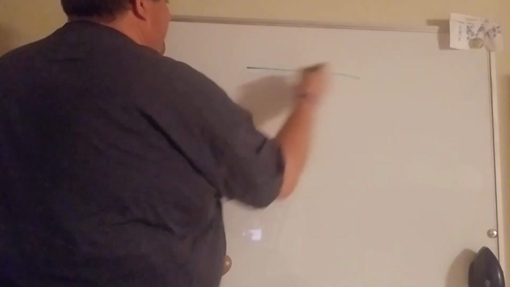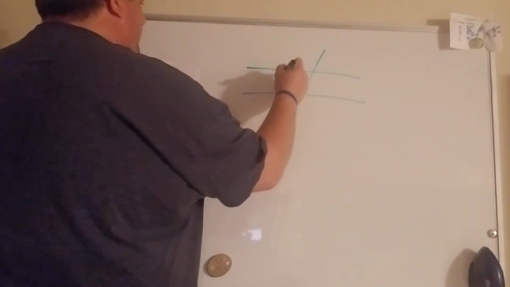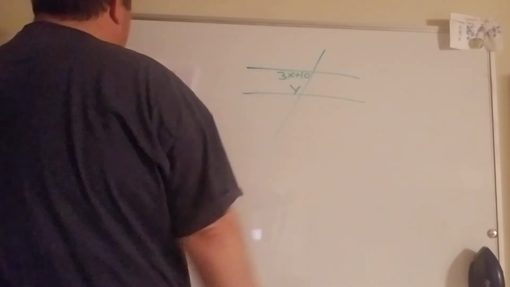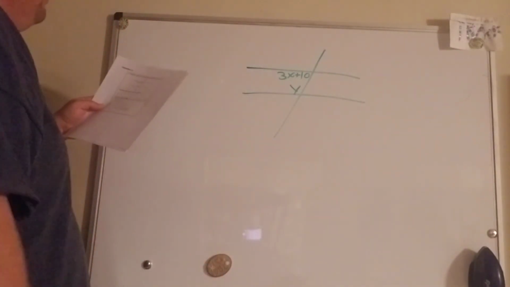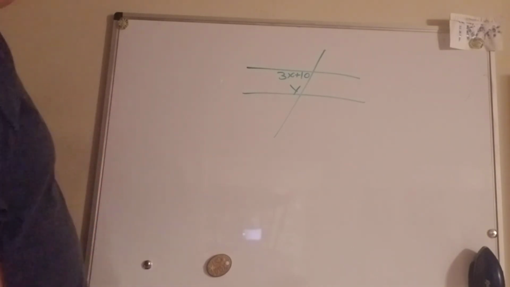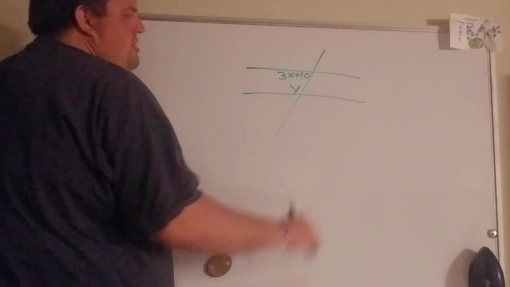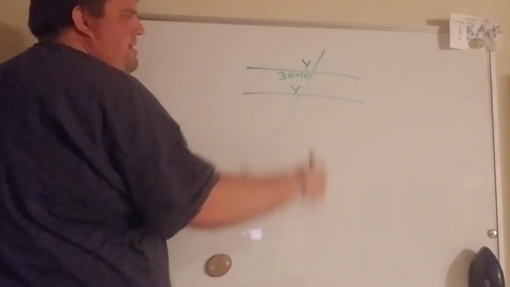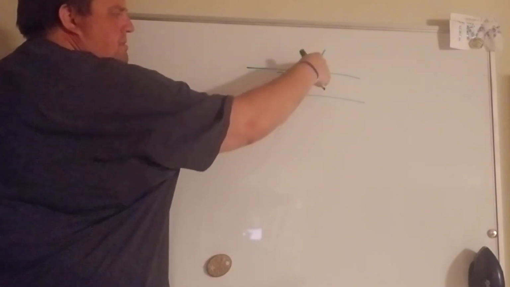Parallel lines. This is maybe my favorite one. If this angle is 3x plus 10, and this angle is y, they want you to write out how big x is in terms of y. So those two angles don't actually relate to each other, but we know that this one's corresponding, and then these two are supplementary.